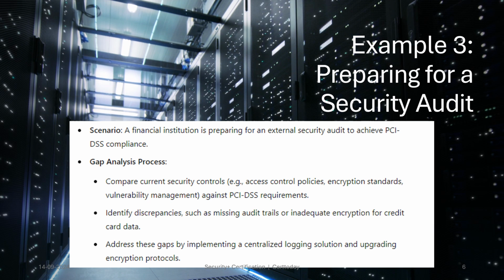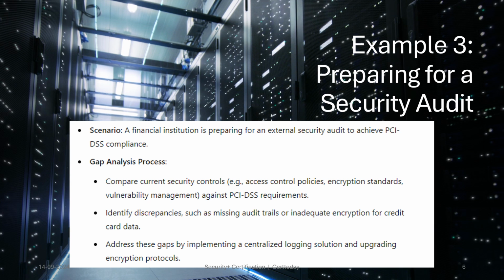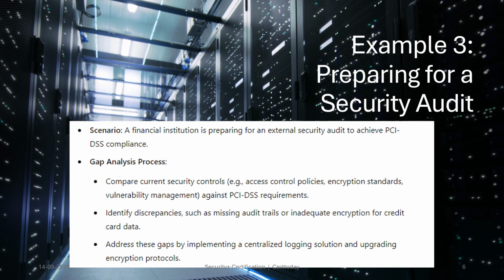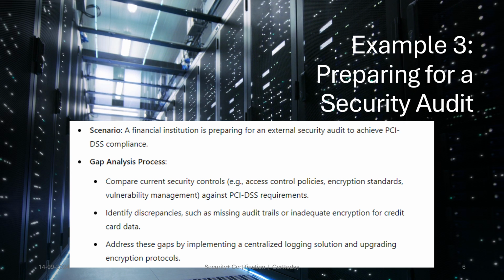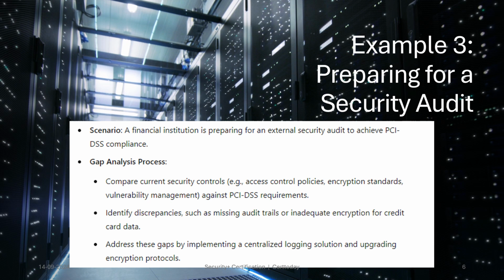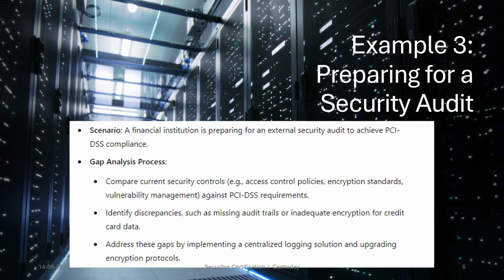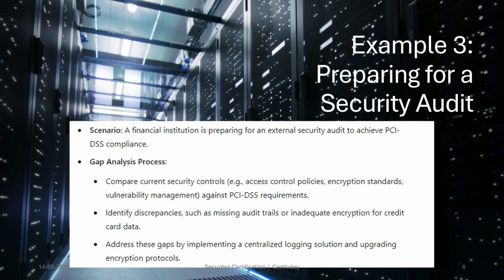Two, identify discrepancies, such as missing audit trails or inadequate encryption for credit card data. And three, address these gaps by implementing a centralized login solution and upgrading encryption protocols.